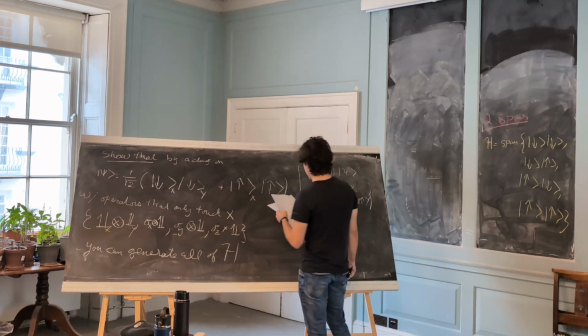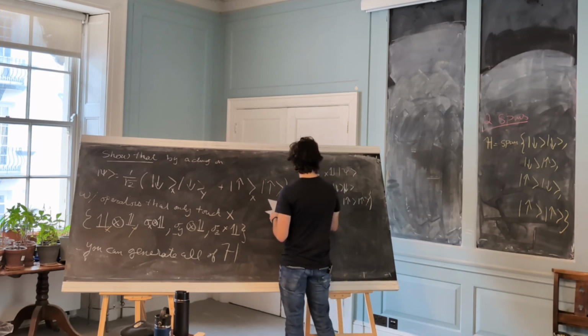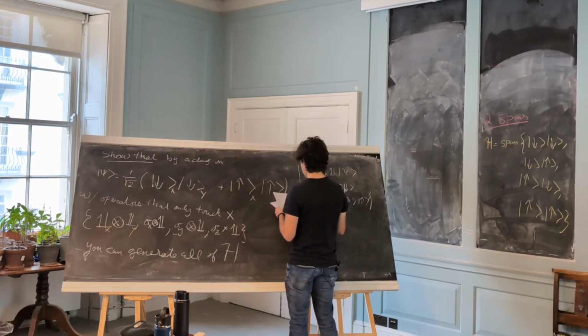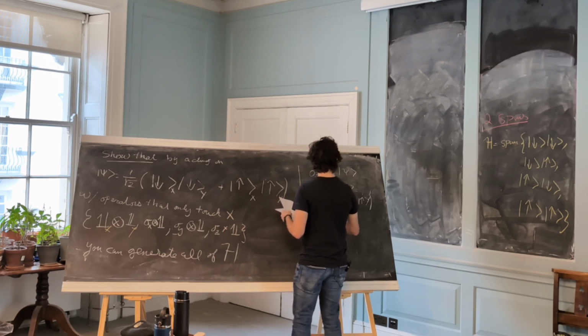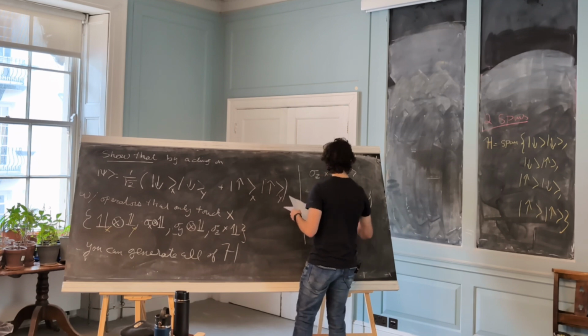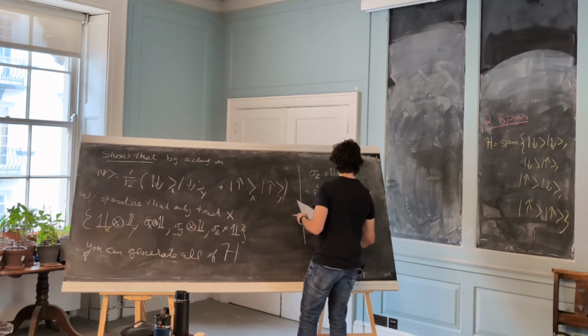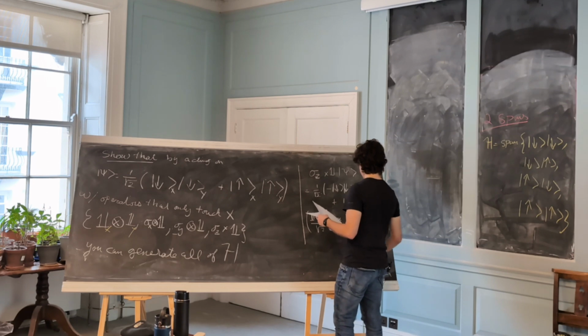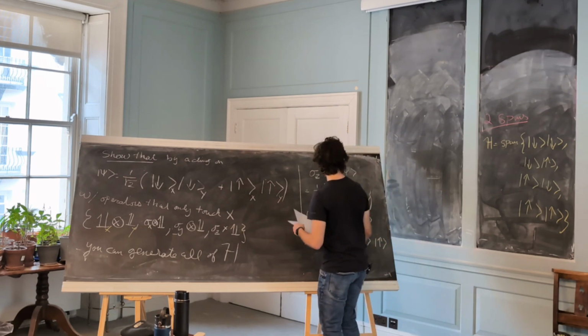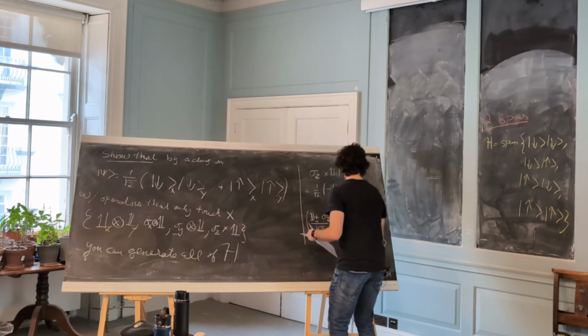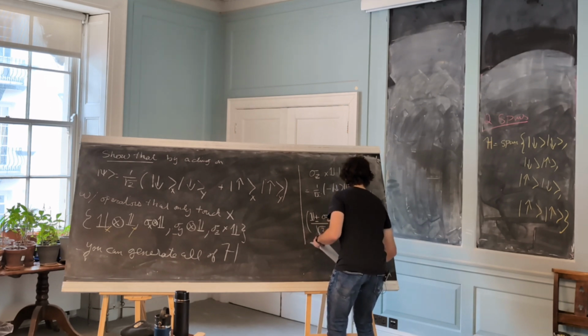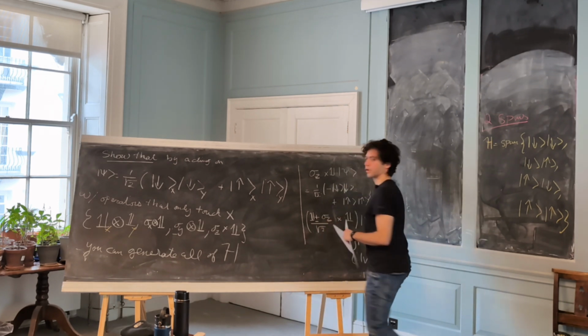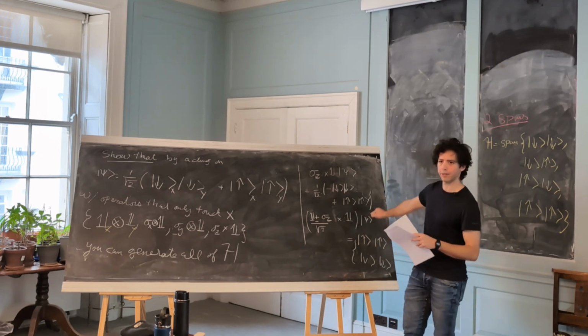It's clear that if I act with 1 plus sigma z tensor 1 over root 2 on psi, I get up, up. This is plus or minus, and the minus also gives you down, down. Do you agree with that? So that's how you get down, down and up, up.